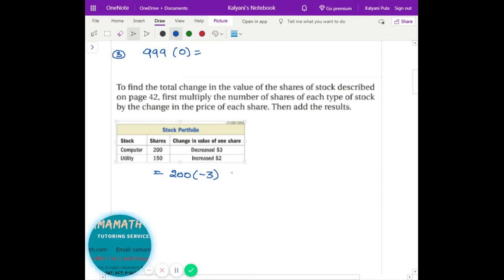Whenever it says decrease, that's a negative. Then plus 150, but this one increased. That means +2. So that's -600 plus 300. And with adding, one negative, one positive, you can subtract them. And then that's going to be -300. Does that make sense?